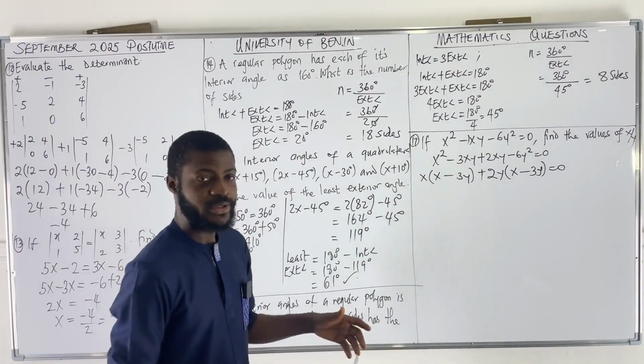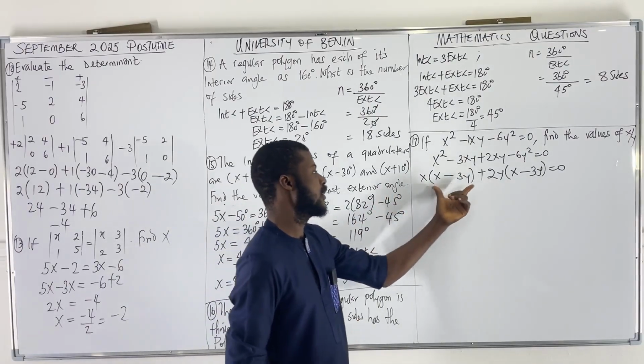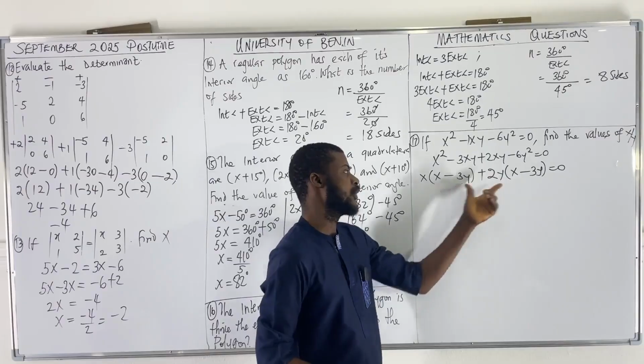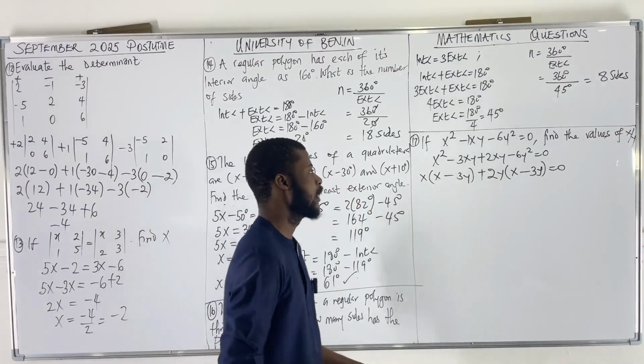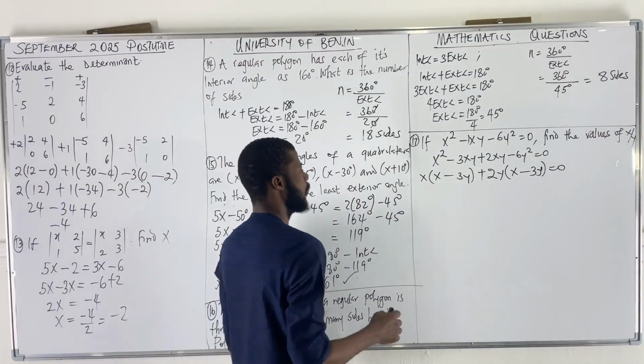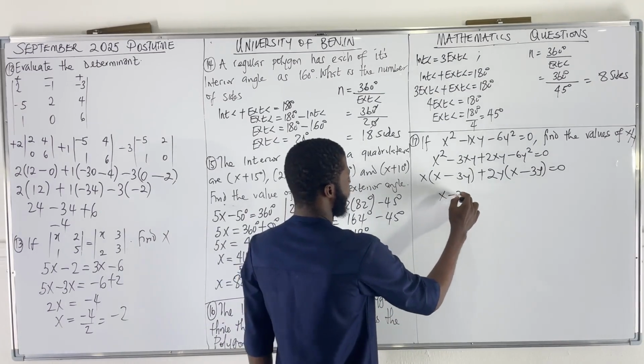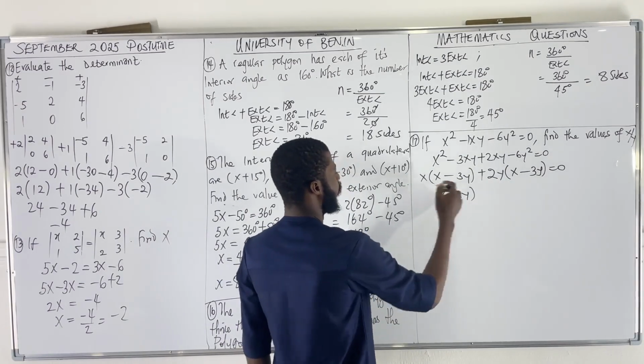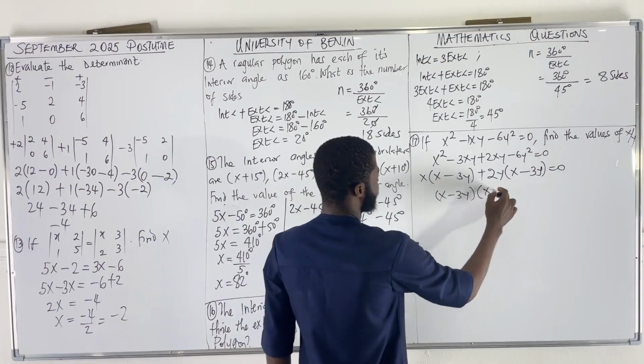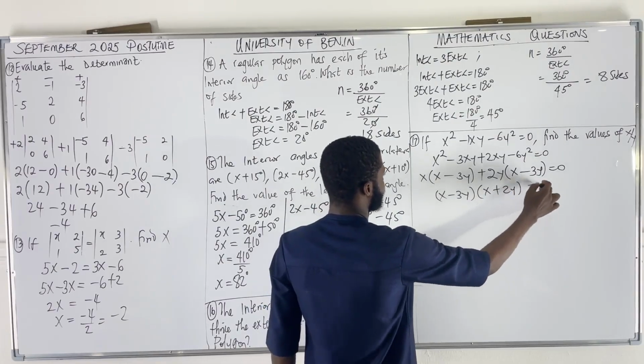Now, if I was doing rubbish, at this point I will know because these two brackets will not be the same. But since they are the same, it means I can proceed with my factorization. So this will be x minus 3y, then the one outside is x plus 2y equal to 0.